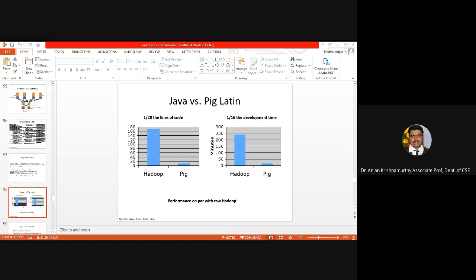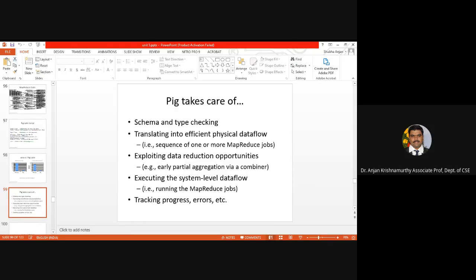Similarly, you can see that the Pig Latin scripts take care of certain internal checks, right? These internal checks are meant for understanding the schema, understanding the data type, right? Understanding several aspects, like internal type checking, efficient physical data flow, exploiting the data reduction aspects.